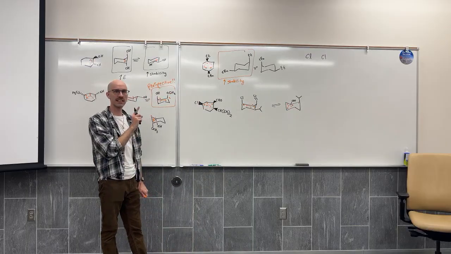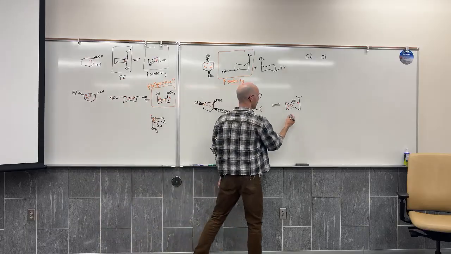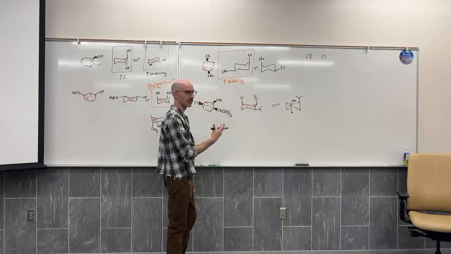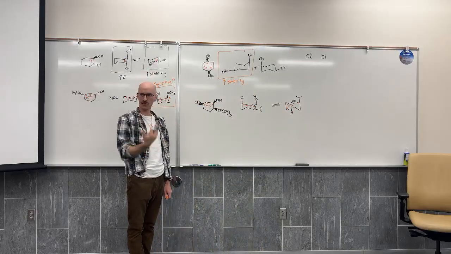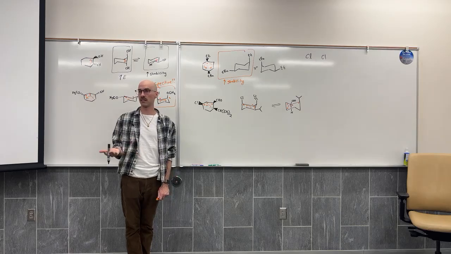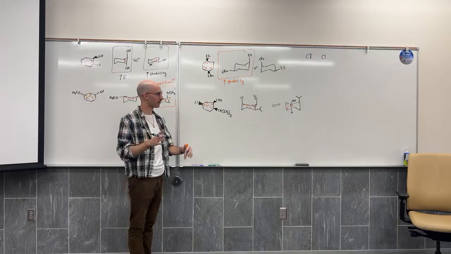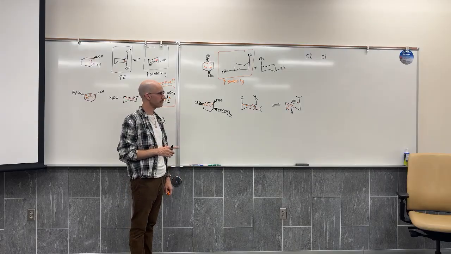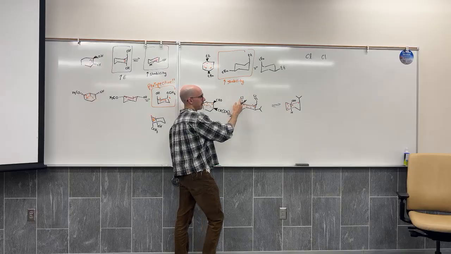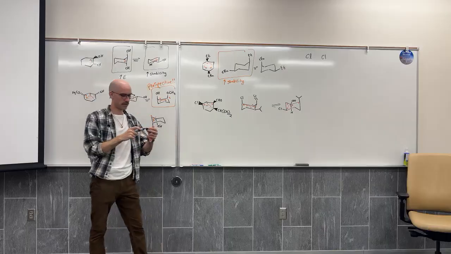If it's hard to see that that is an up equatorial group, one thing that you can do is draw in the down axial hydrogen. Have a line that comes straight down from it, because we can't use wedges or dashes in these chairs, so we need to infer from the orientation of these groups. Then carbon 4 had an up axial chlorine. Now it has an up equatorial chlorine.